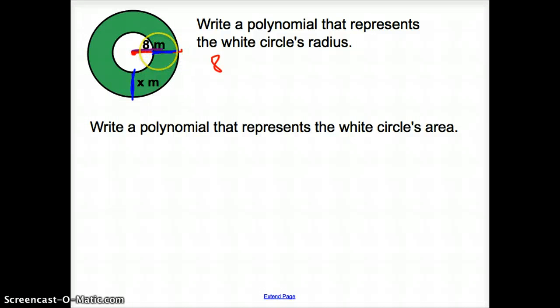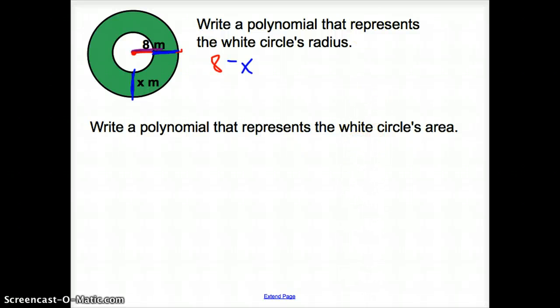So if we take it away, how do we do that in math? We just subtract. So the radius of the white circle is just 8 minus x.